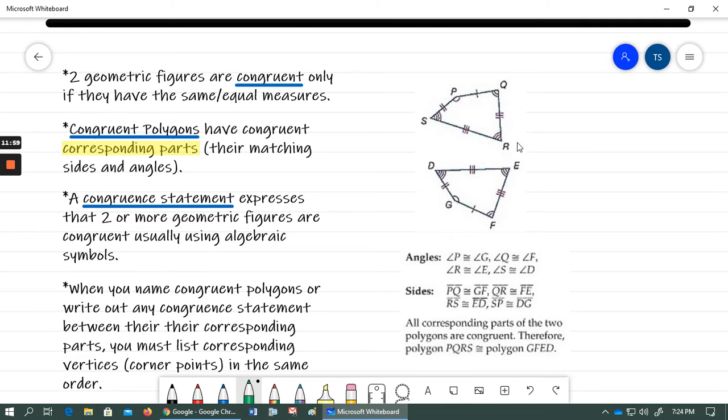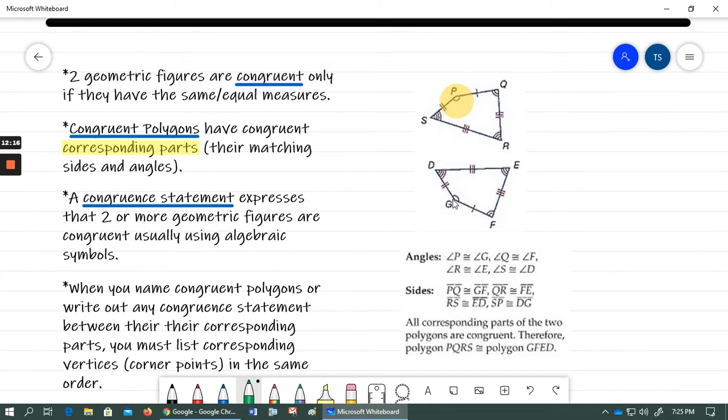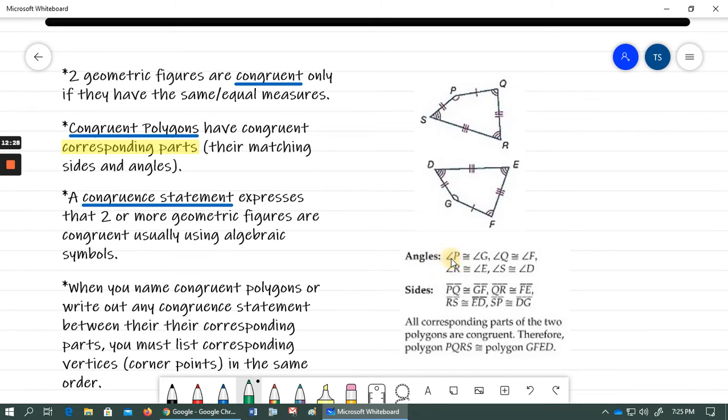They're saying that point P is a corresponding vertex with point G, and you know they're matching because you see matching congruency marks for angle P and angle G. So they've got these congruent statements between the corresponding angles, and also between the corresponding sides.